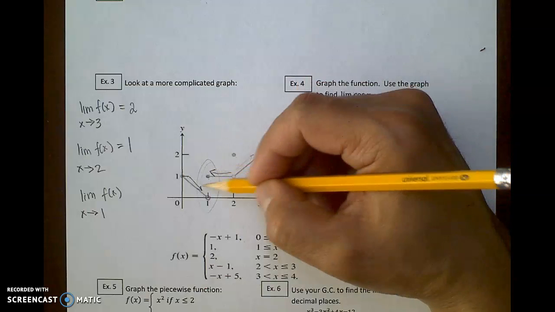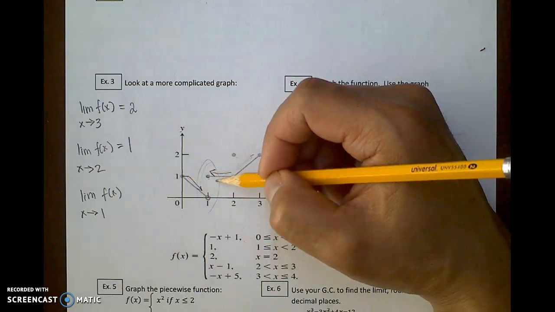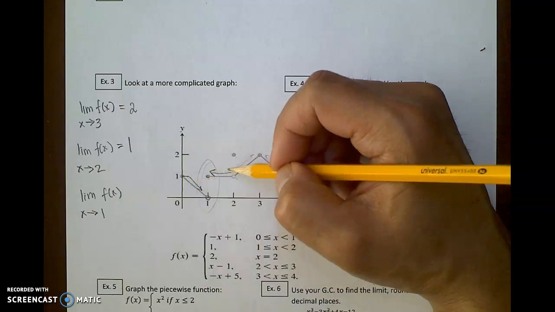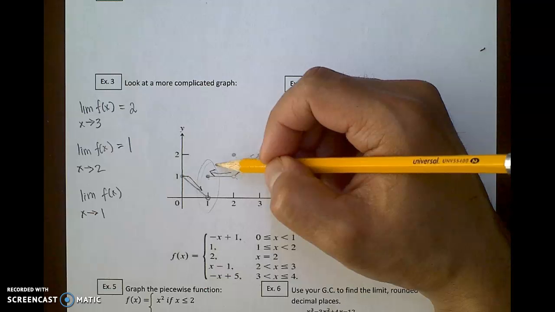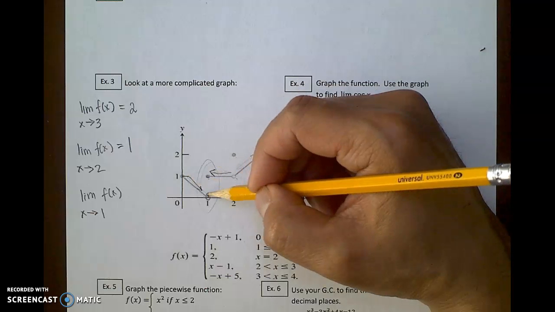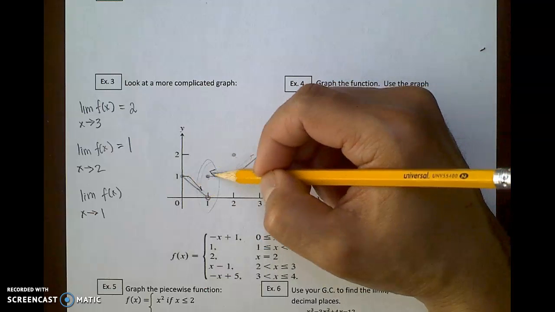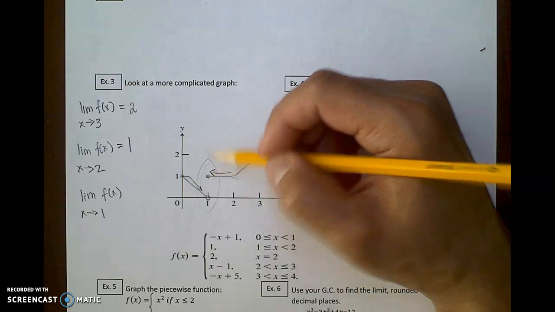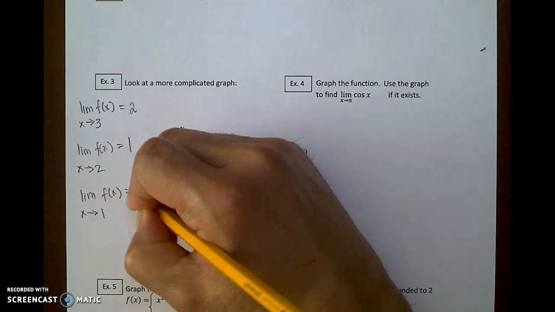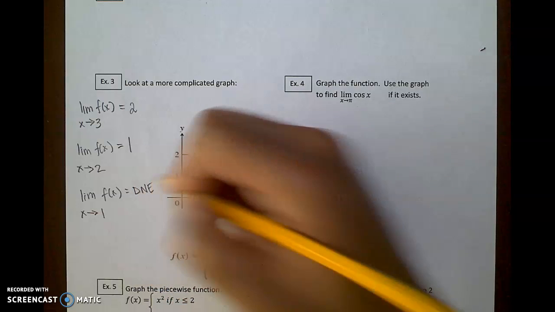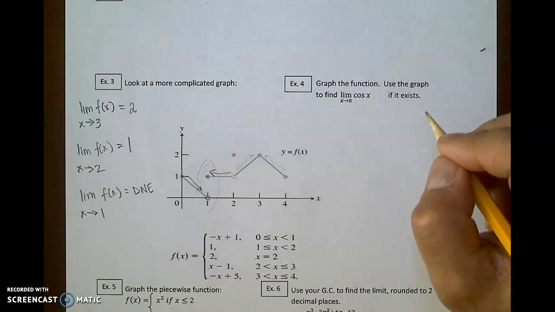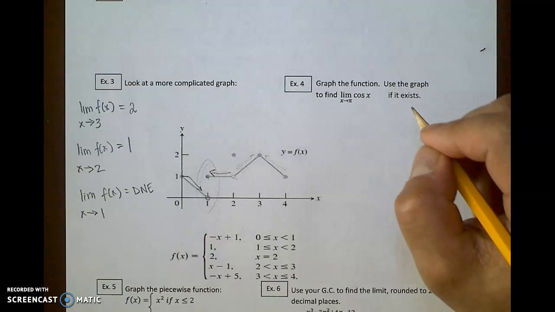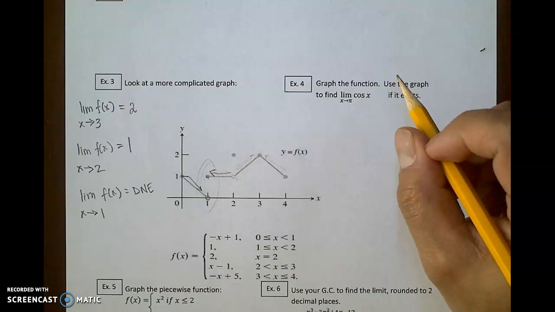Now, because the outputs coming in from the left and from the right are two different values, this one's going closer and closer to 0, this one's approaching an output of 1. Because they are approaching two different values, this is an example of where the limit does not exist, because they are approaching two different outputs for that one input.